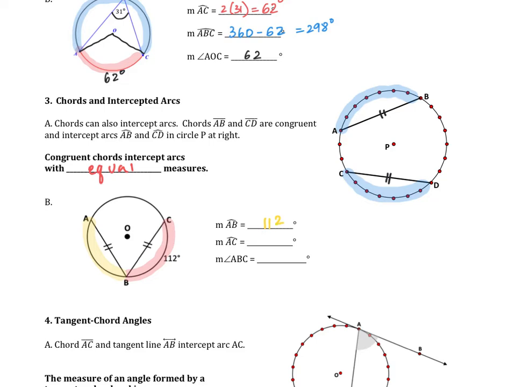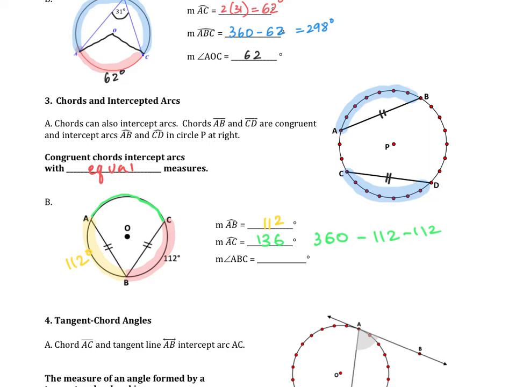Now in order to find the measure of arc AC, I simply do 360 minus 112 2 times. So the whole thing is 360. So 360 minus double of 112 will give me 136 degrees.